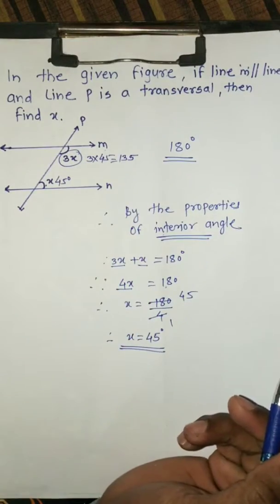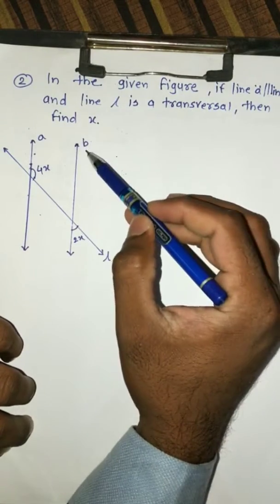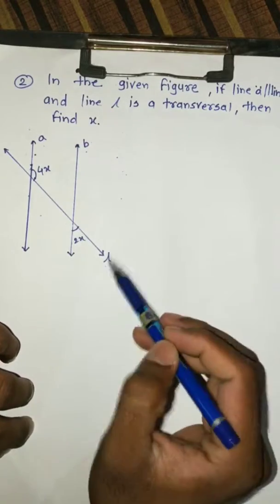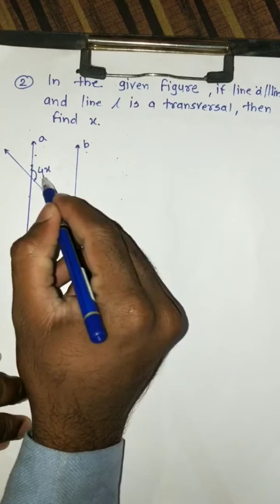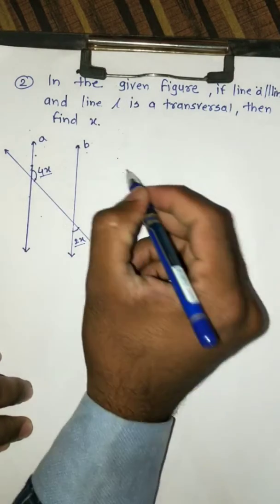is equal to 135 degrees. In the given figure, if line A is parallel to line B and line L is a transversal, then find x. So we want to find the measurement of x.